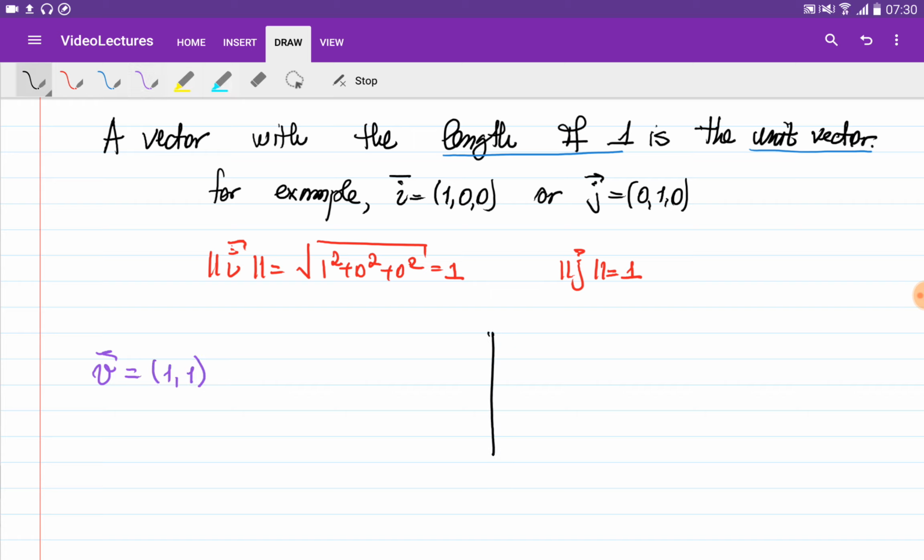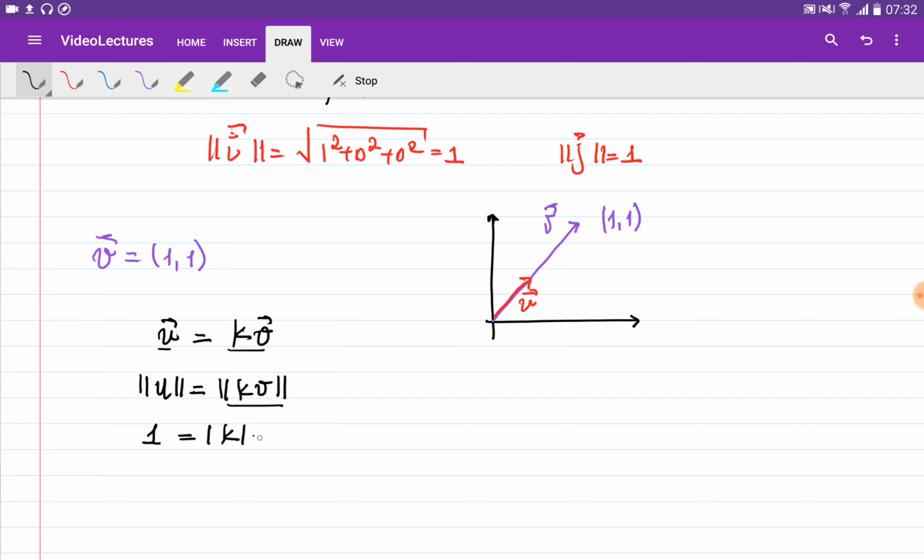Now, if these two vectors are equal, then their lengths should be equal as well, right? So the length of u should be equal to the length of kv. We know that the vector we're going to build has length equal to 1, so this is equal to 1, and this part can be written as the modulus of k multiplied by the norm of v.